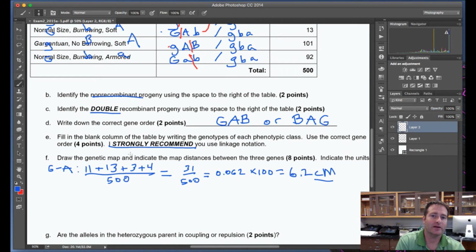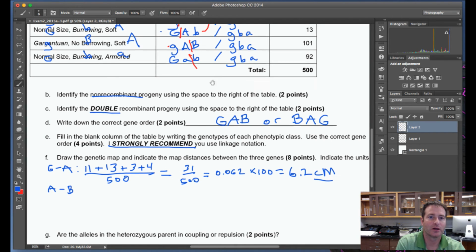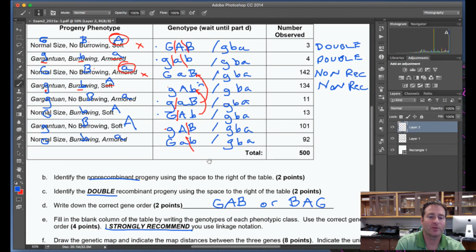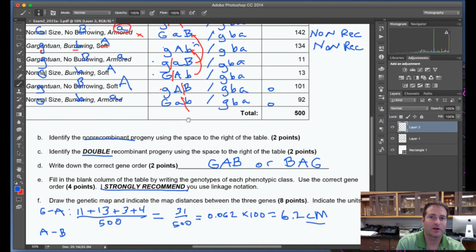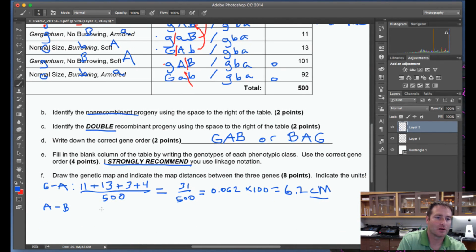All right, next we want to know the distance from A to B. It's exactly the same approach. We need to figure out where the recombination events happened between A and B. Here and here. See those lines here? And then the doubles. So we're going to go 101 plus 92 plus 3 plus 4.